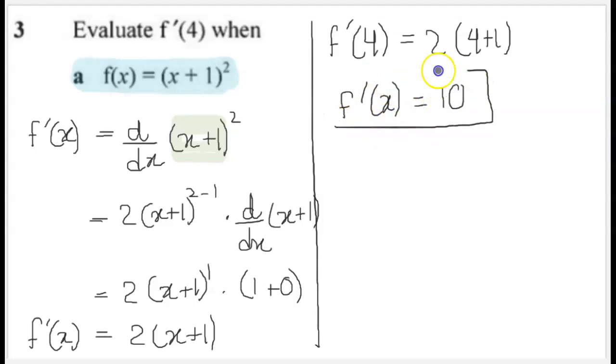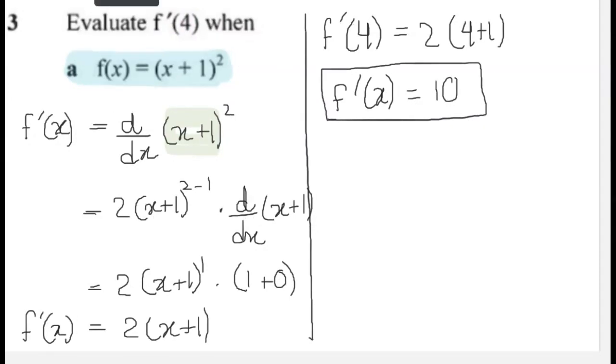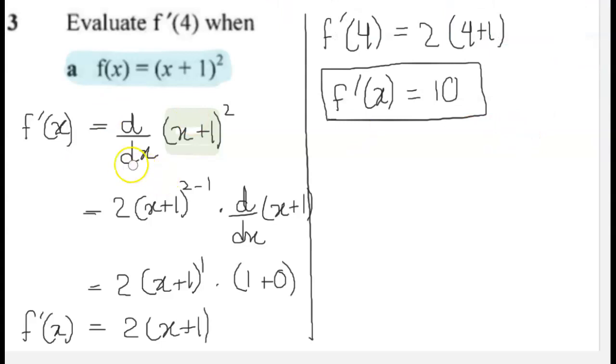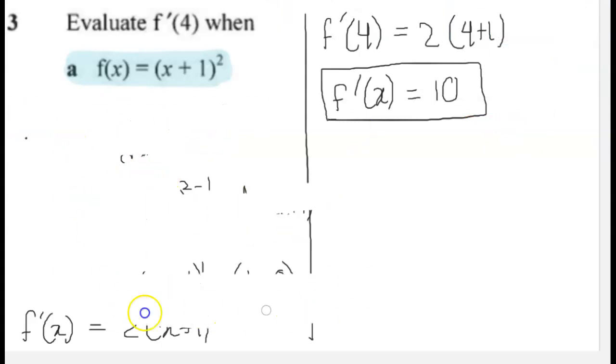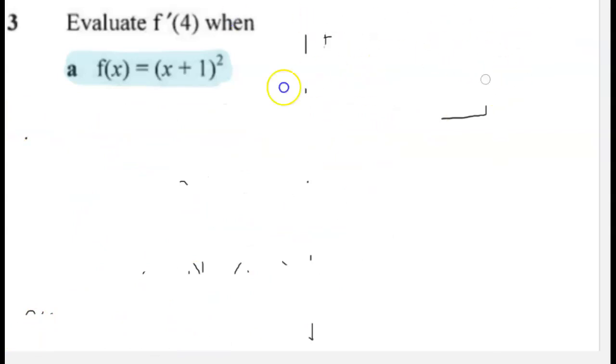So this is the gradient at that point. This is one way of doing this question. Now, there is another way of doing the same question. Let me do that one for you as well on the next slide. And we will get the same answer no matter which method we follow.